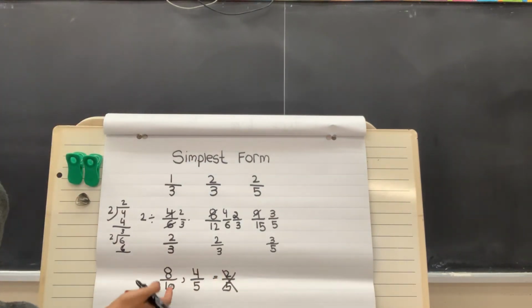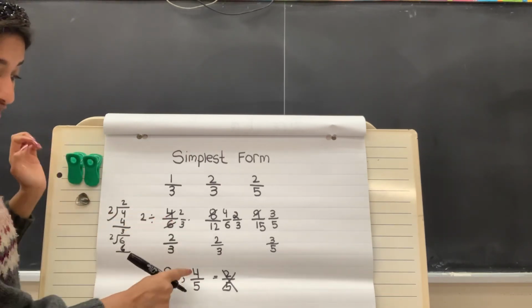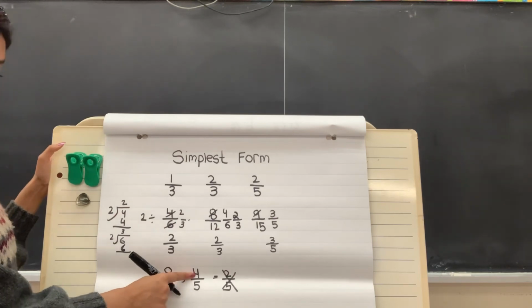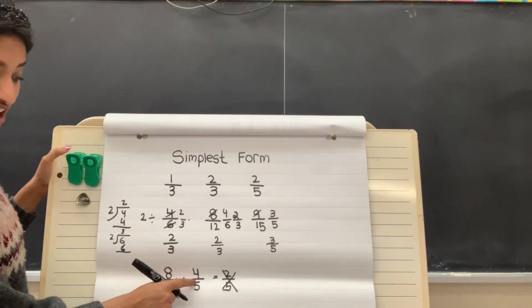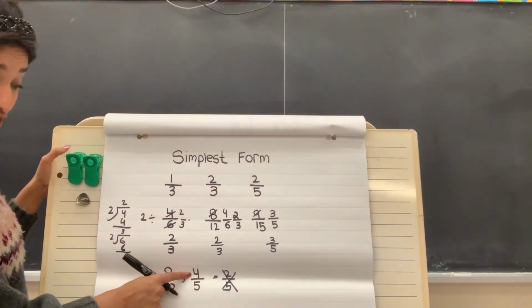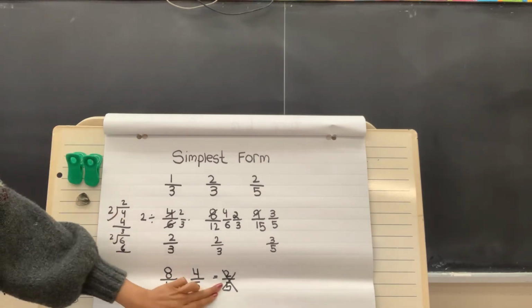I cannot just say, oh, I'll just break my top, but I don't need to break my bottom. Remember, whatever we do to the top, we must do to the bottom. In this case, we cannot break it anymore. We can break our top, our numerator, but we cannot break our denominator.